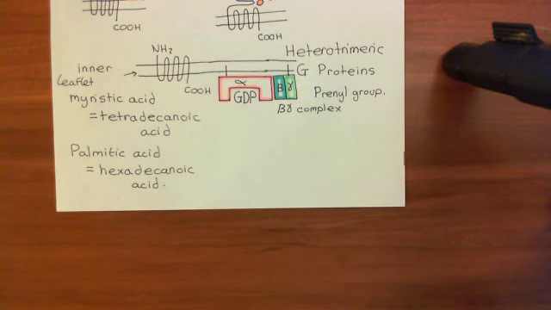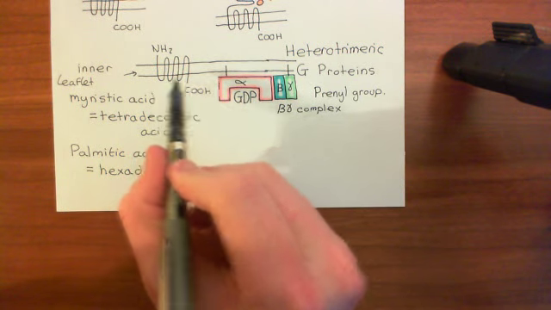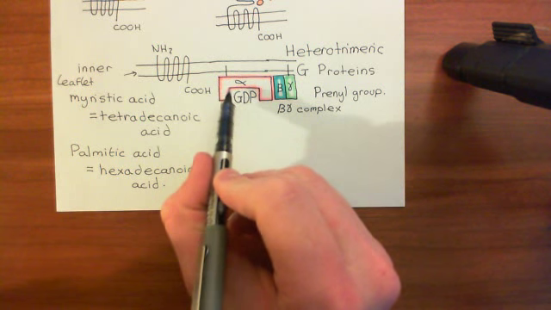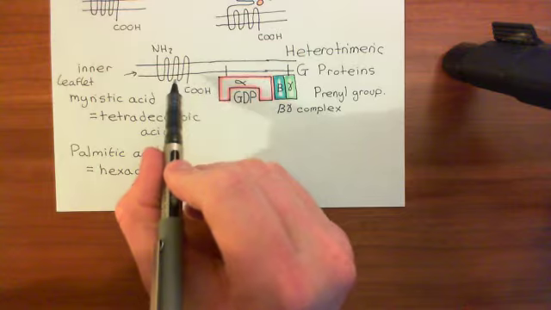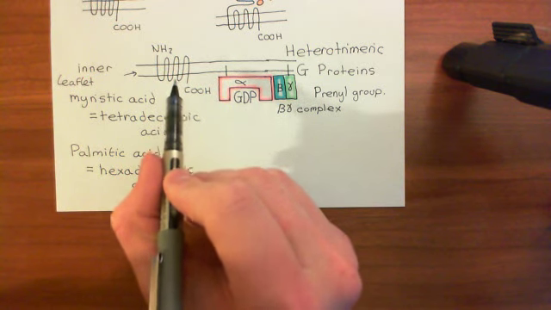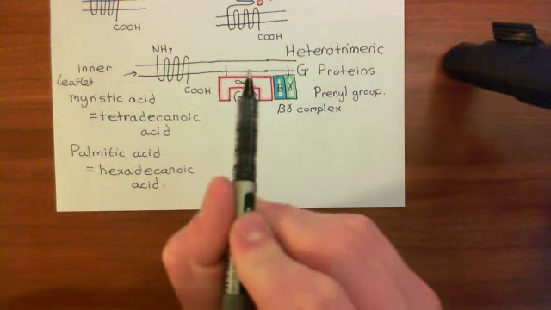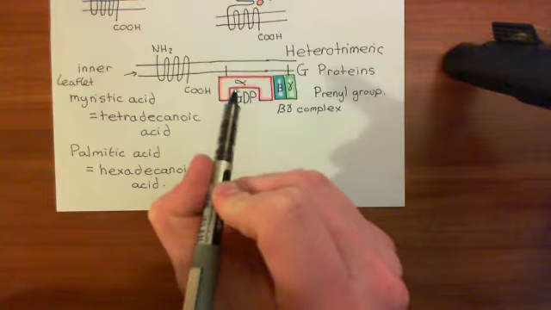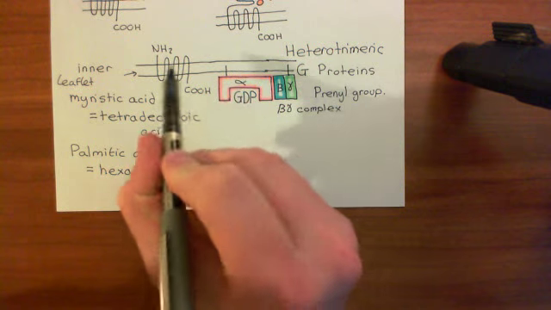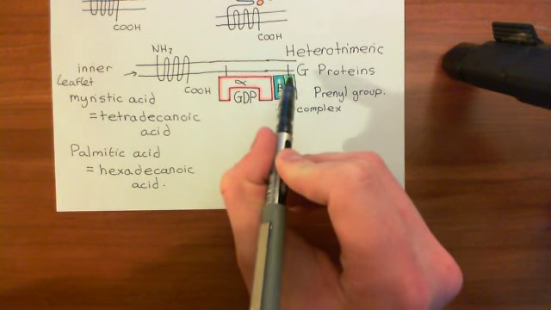These three loops will change conformation and make available a binding site for the alpha subunit of the heterotrimeric G protein. I want to stress again that it's only a binding site for the alpha subunit. However, the alpha subunit can only actually bind to this if it's got the beta-gamma subunit with it.